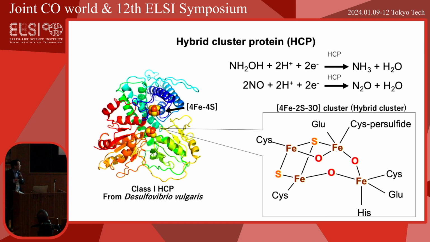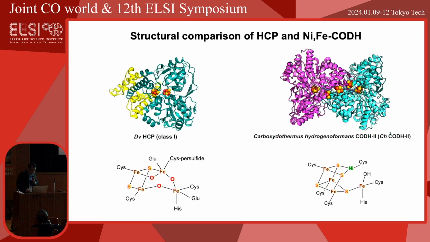But you can remember the left side of this cluster, the architecture of the cluster shape, it's a little bit cubic, similar to the C cluster in CODH. Now we can compare the overall structures and the active site structures of HCP and CODH.